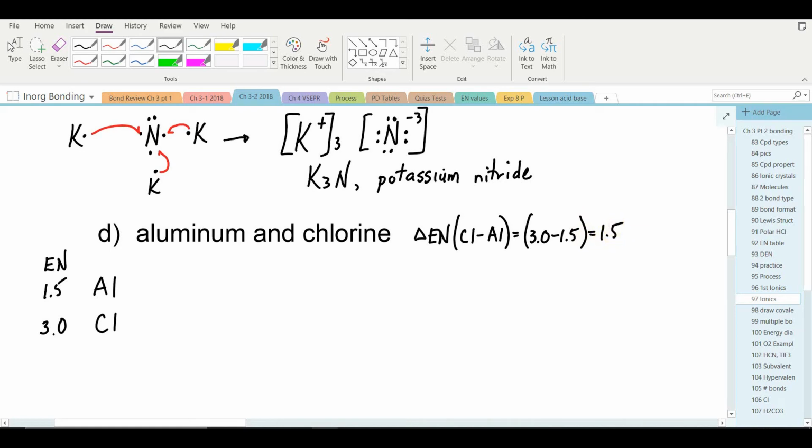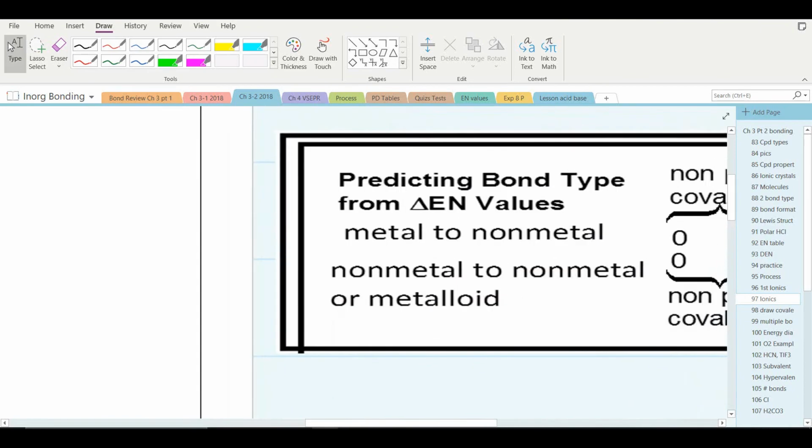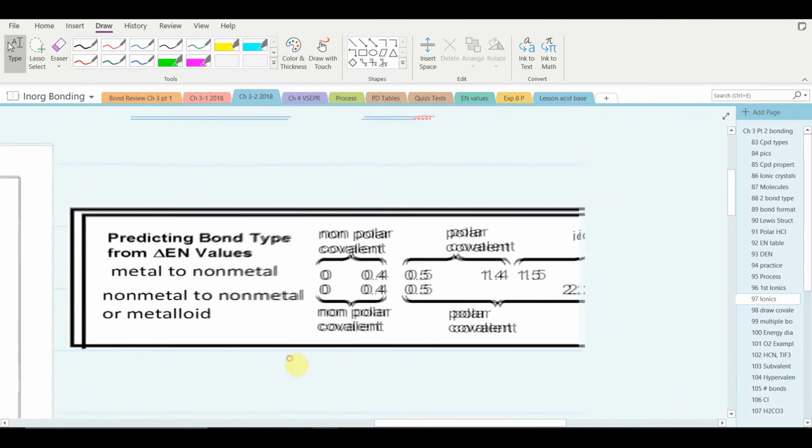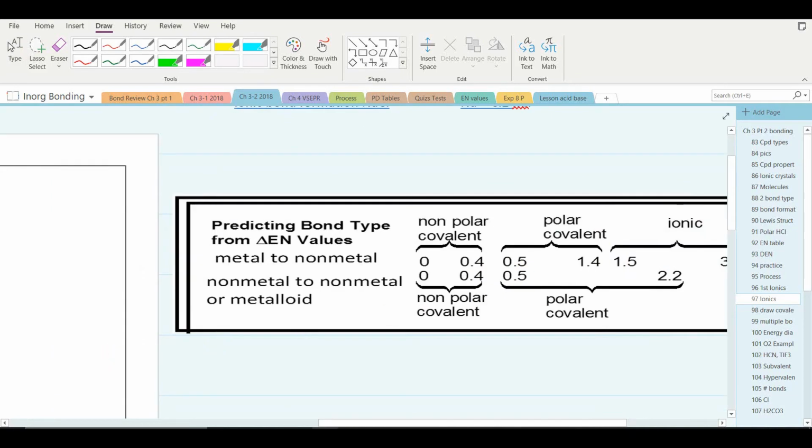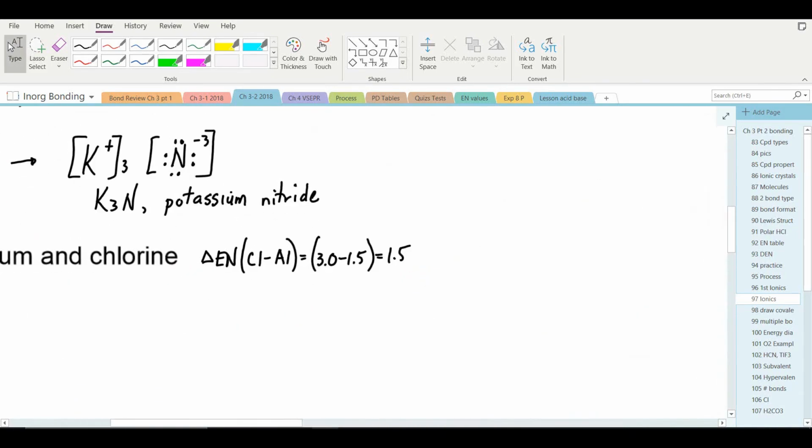What kind of bond is that? Let's check the table. I'm going to use the upper scale. Metal to nonmetal 1.5, it just falls in the ionic range, so it's going to be weakly ionic. But that's our classification.